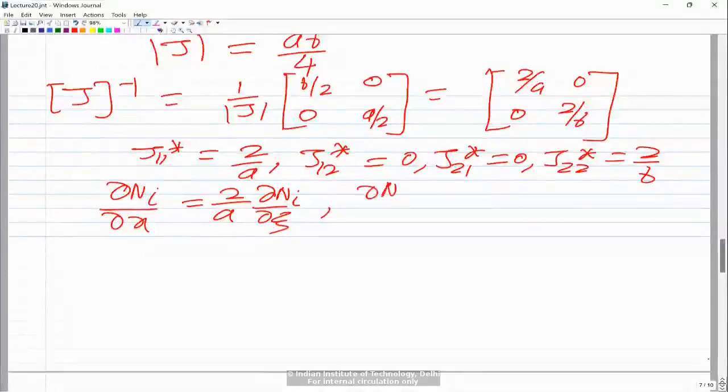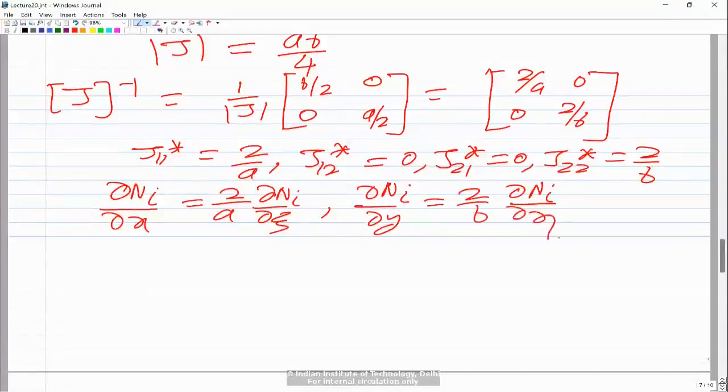Then del Ni by del y similarly will be equal to J21 star into del Ni by del xi, but J21 star is 0, so that term goes to 0, and then J22 star into del Ni by del eta, so we get 2 by b into del Ni by del eta. From this we will be able to calculate the derivatives of all the shape functions with respect to x and y, and because they are already explicitly expressed in terms of xi and eta, you can directly get these derivatives.